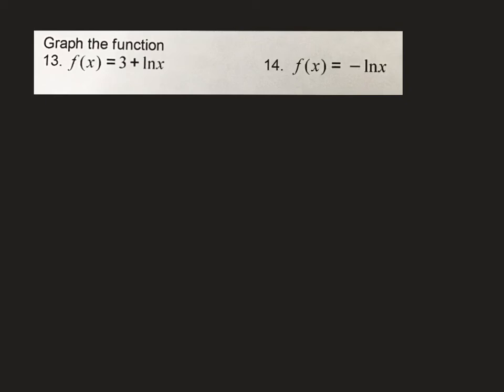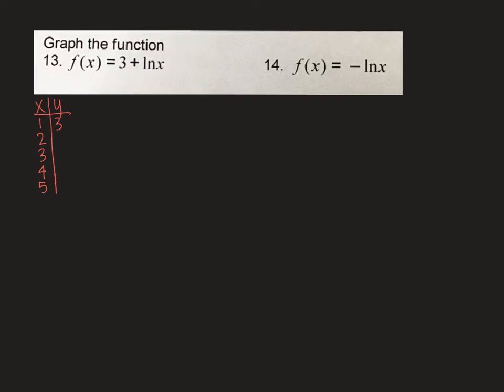Okay, so when we are graphing natural logs that we can do in the calculator, one thing that you have to keep in mind is that it said that your x values had to be greater than 0. So when I make my tables, I just start at 1. So if I were to plug in 1 for x and then add my 3, I'm going to get 3.